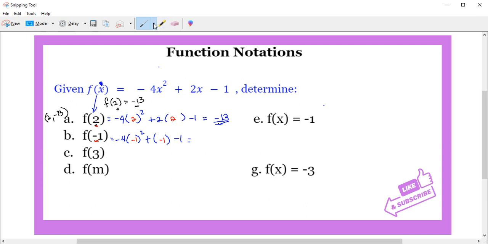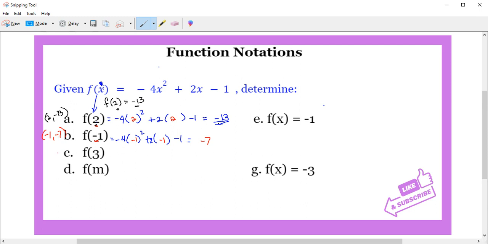I forgot the 2 in our equation, there should be a 2 here. So negative 1 squared is 1, times negative 4 is negative 4, then negative 2 makes negative 6, and then minus 1 makes negative 7. So letter B represents negative 1 comma negative 7. When your x is negative 1, your y is equal to negative 7.